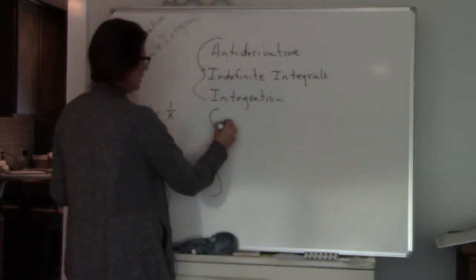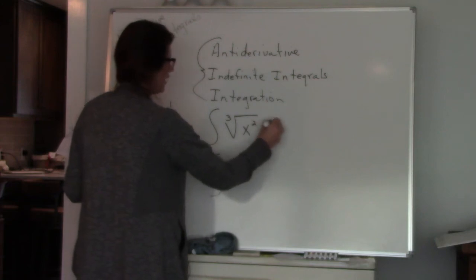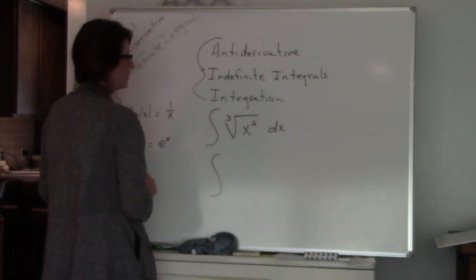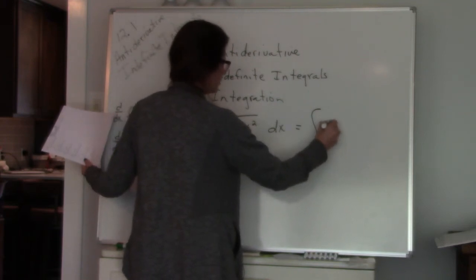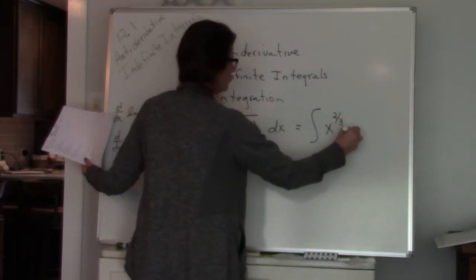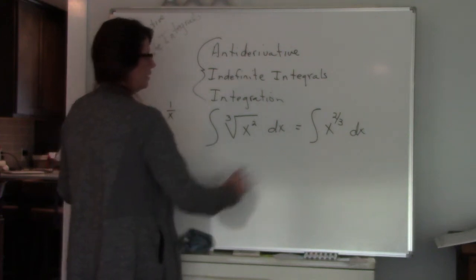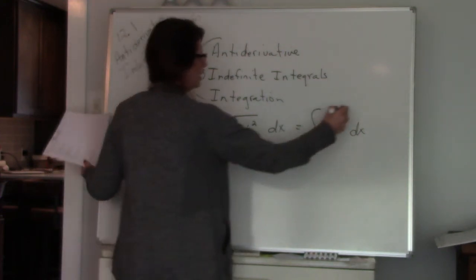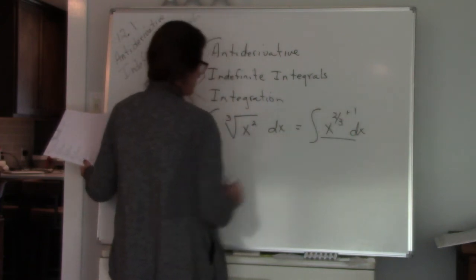So if you had the antiderivative of the cube root of x squared dx, okay, so we are going to rewrite this as the antiderivative of x to the 2/3 dx. Now I'm going to apply plus 1, divide it by my new exponent.